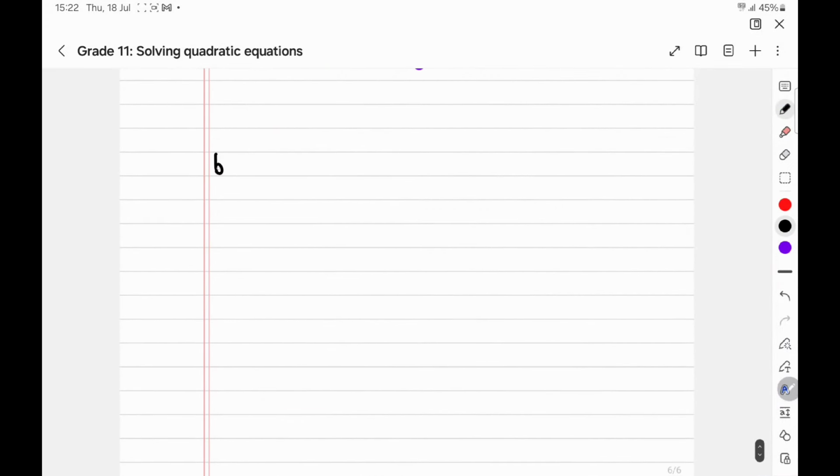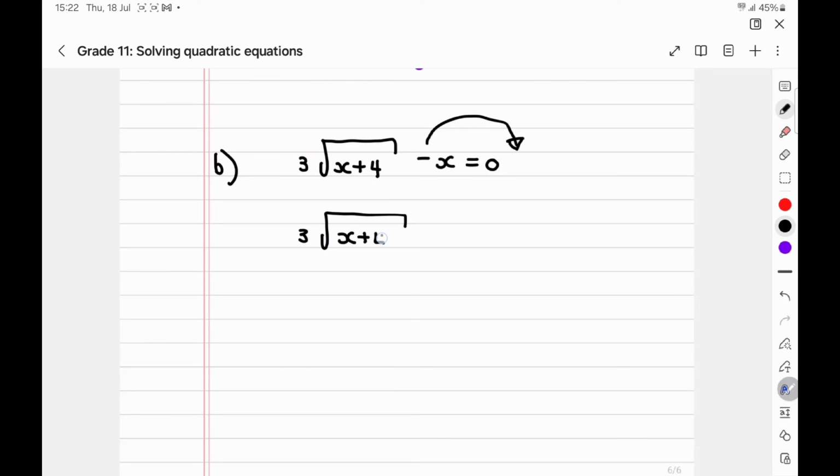Let's just do 1 or 2 more. So if I've got 3 square root of x plus 4 minus x is equal to 0. So step 1, we want to get rid of that loose term, and that would be equal to x. And then we want to divide by 3 on both sides.